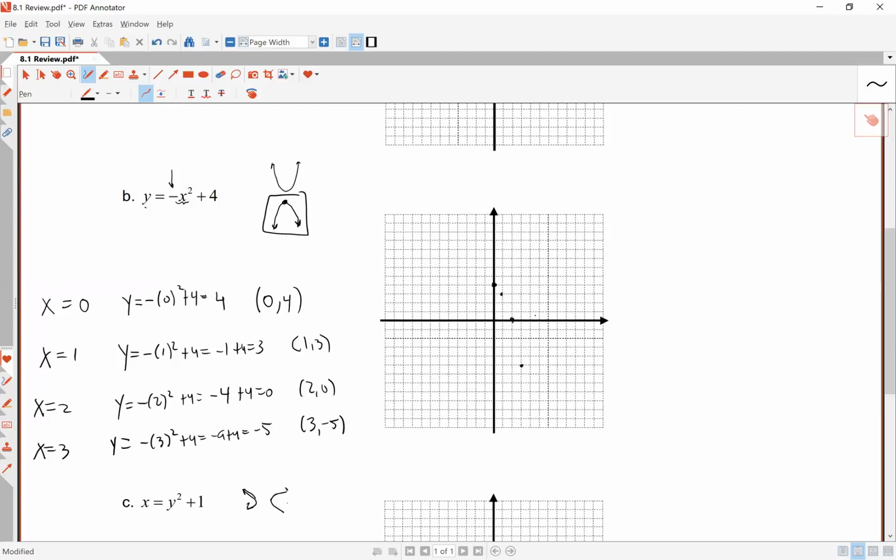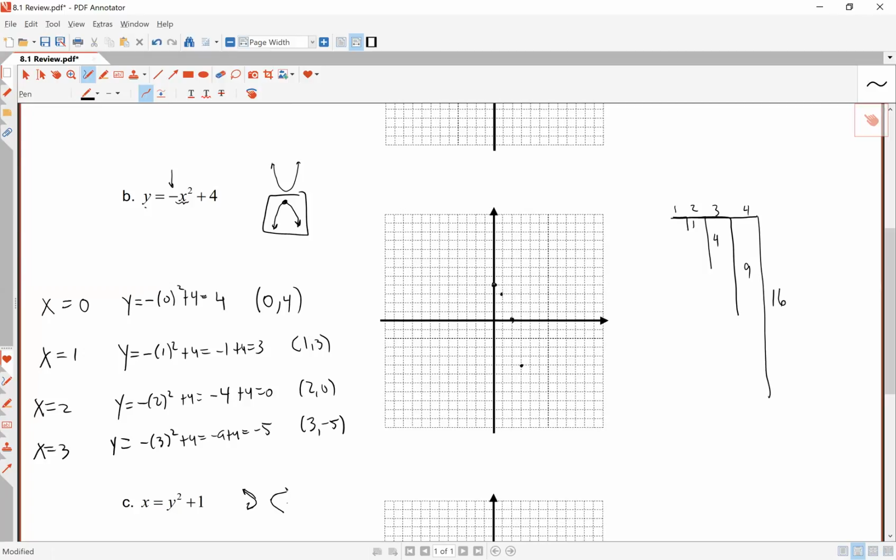So one thing that's good to keep in mind with the squaring functions is that they go over 1 and down 1, over 2 and down 4, and over 3 and down 9. The squares. So if I go over 4, it's going to go down 16.